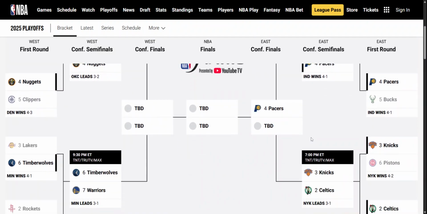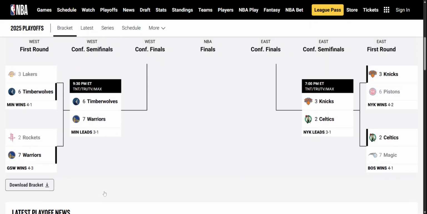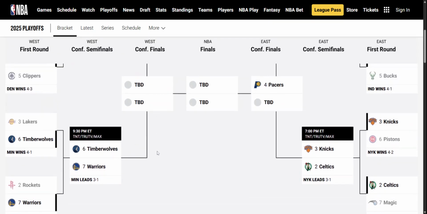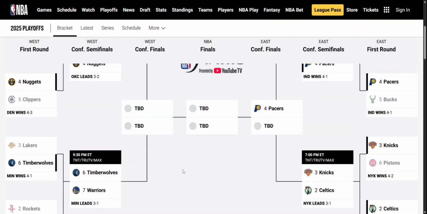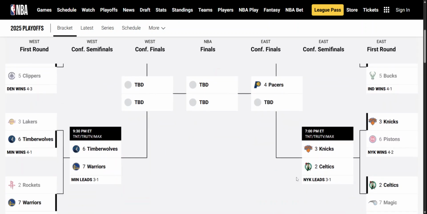But look, to be determined, T-Wolves and Warriors, 3-1. So it's not looking good for the Warriors. You got the Timberwolves. I had a buddy who was not even really a big Minnesota fan saying look out for Minnesota. I wonder what he knows. But you see OKC up 3-2. So that's a close series with the Nuggets.